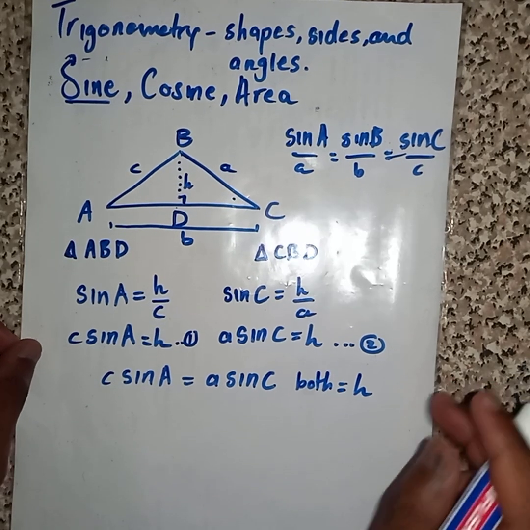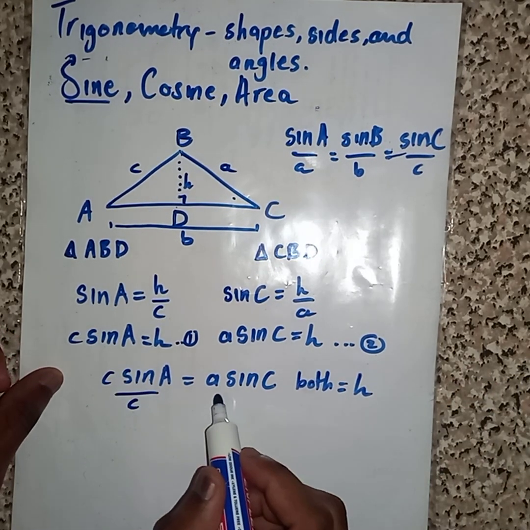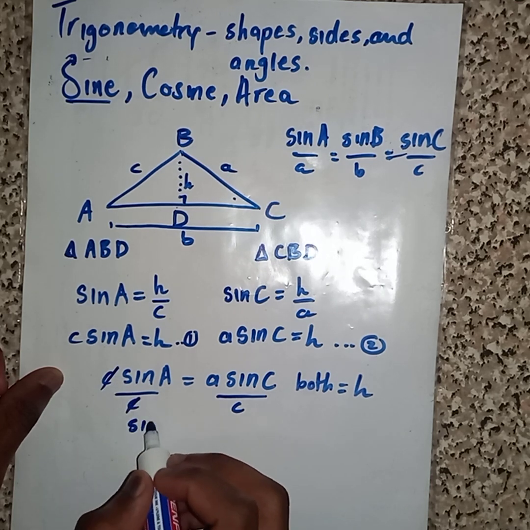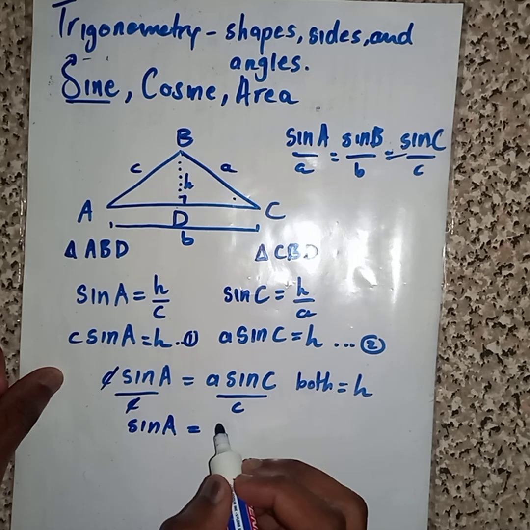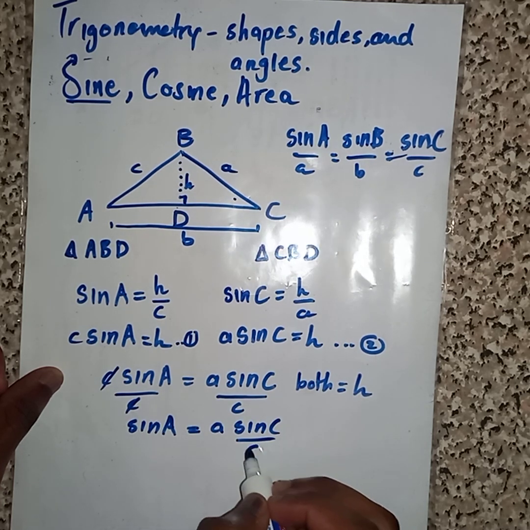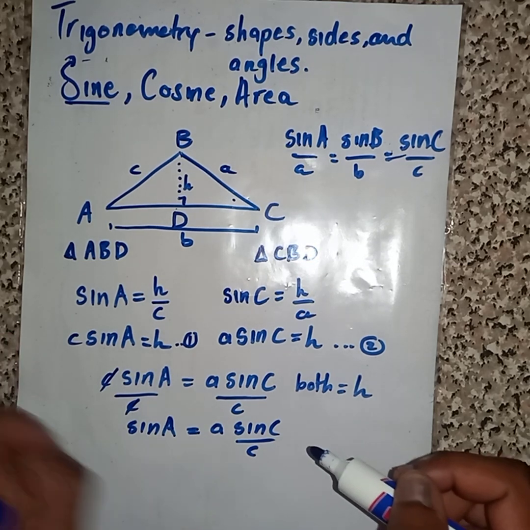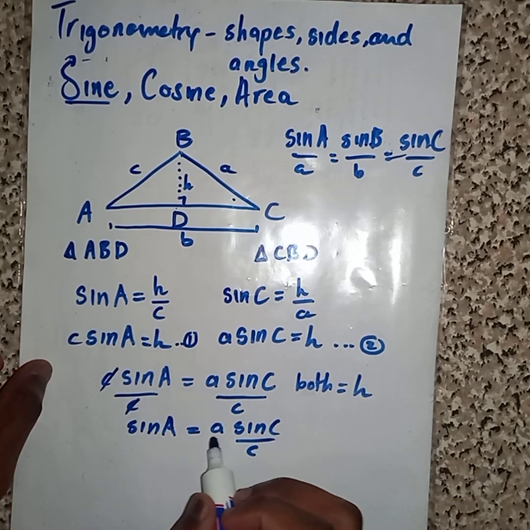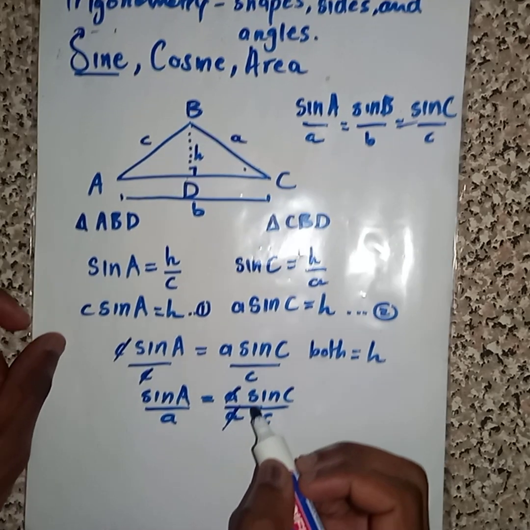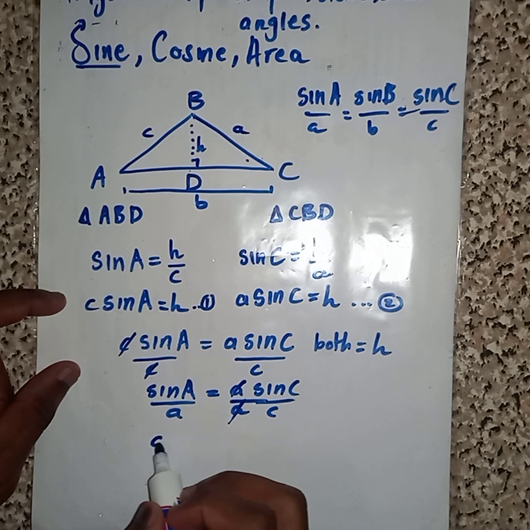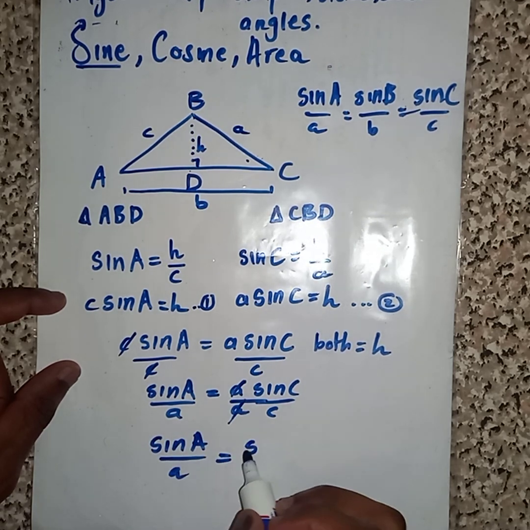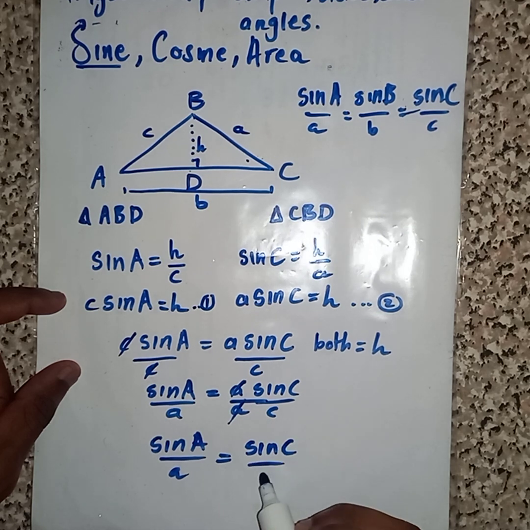At this point, we'll start by dividing both sides by c. Then c cancels c. You are going to be left with sine A on this side, with a sine C over c. Then let us divide both sides by a. Then a cancels a. Then our final answer is going to be sine A divided by a, equal to sine C over c.